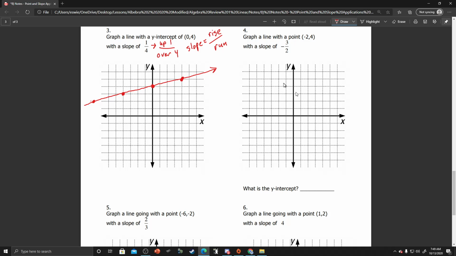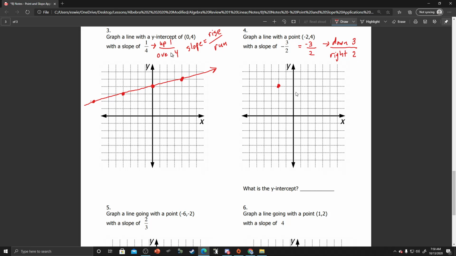-2, up 4, -2, 4. And the slope is, so you maybe think about putting that negative sign in the top or bottom, make a decision. So that's equal to -3 over 2, which is down 3, right 2.